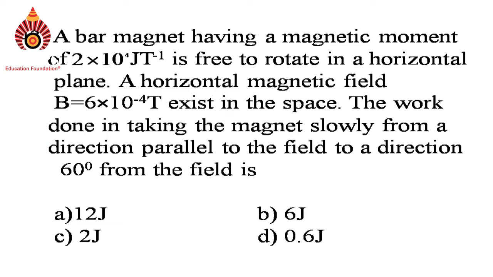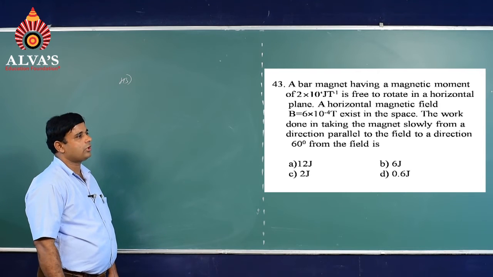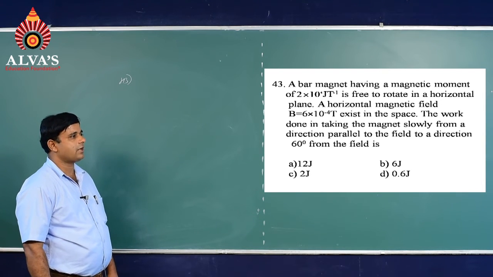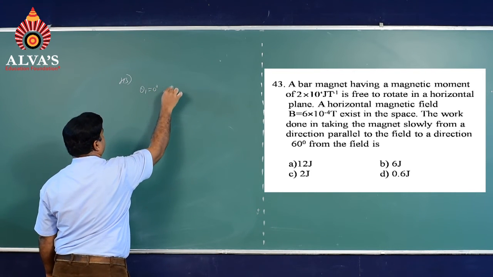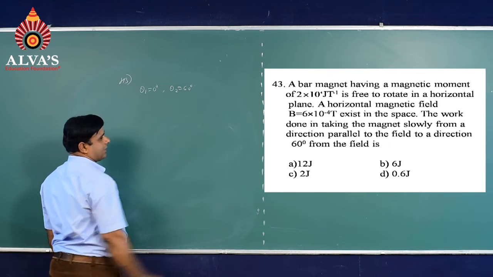A bar magnet having a magnetic moment of 2 into 10 to the power 4 joule per Tesla is free to rotate in a horizontal plane. A horizontal magnetic field 6 into 10 to the power minus 4 Tesla exists in the space. The work done in taking the magnet slowly from a direction parallel to the field to a direction 60 degree to the field. So the work done to rotate the magnet is required. Initially it is parallel to the field, means angle theta 1 is 0 degree, then you have to turn it to angle 60 degree.